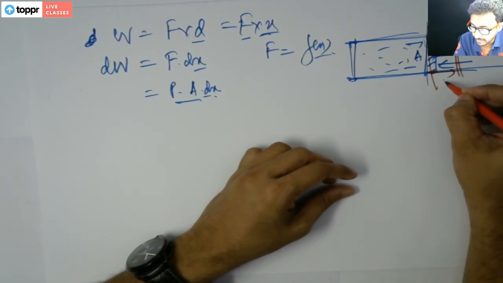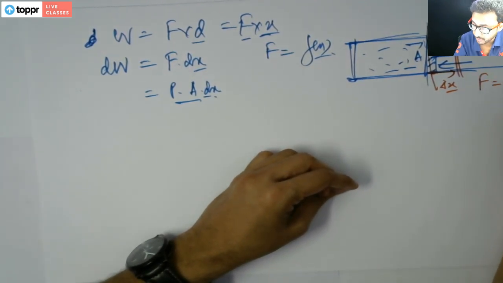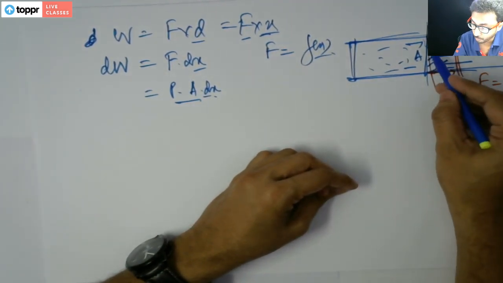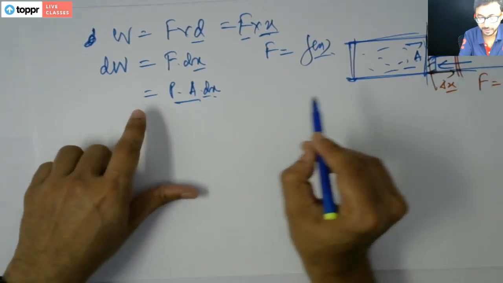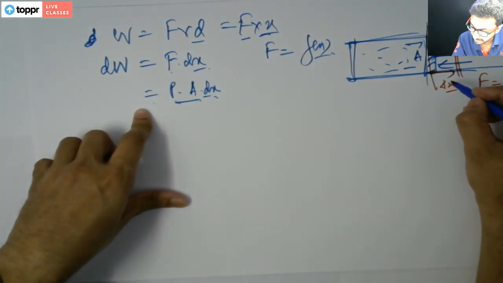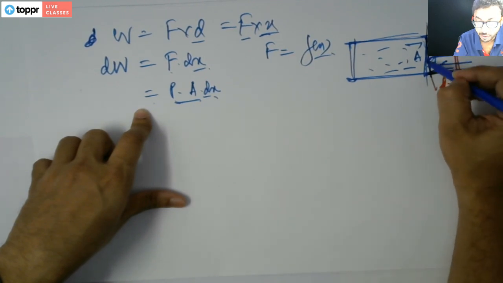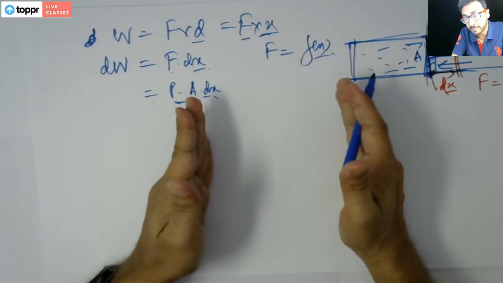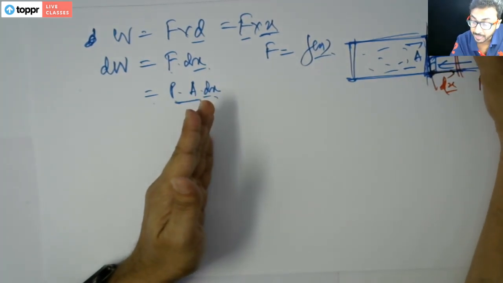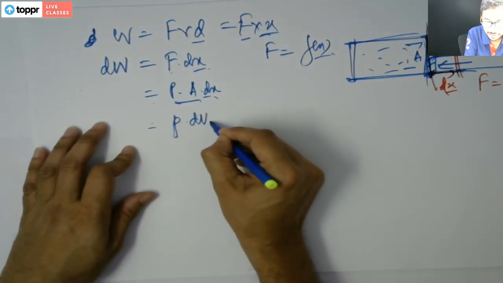Let this be del X. So we can say the force generated is equal to P into A, and the work done is nothing but force into the displacement, that is P into A into dx. If we consider not del X but dx, very very small, then A into dx is nothing but, A is the cross-section area, dx is the displacement shifted by the piston, so this is nothing but the volume, that is dV. So I can write it is P into dV.